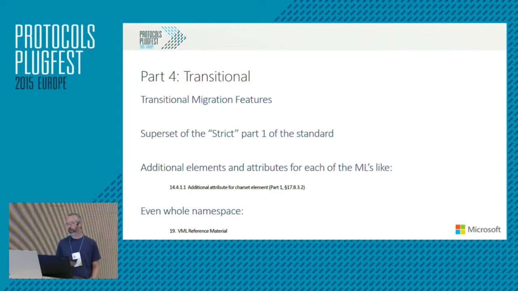So it is a superset. It has just some additional elements and attributes in there, like the one I've listed here. It also has a complete namespace, for example, the vector ML, which is the drawing reference. In the strict standard, we only have the drawing ML, so we don't use the vector ML.